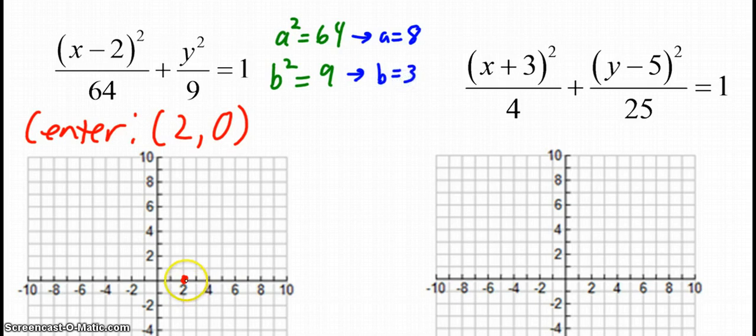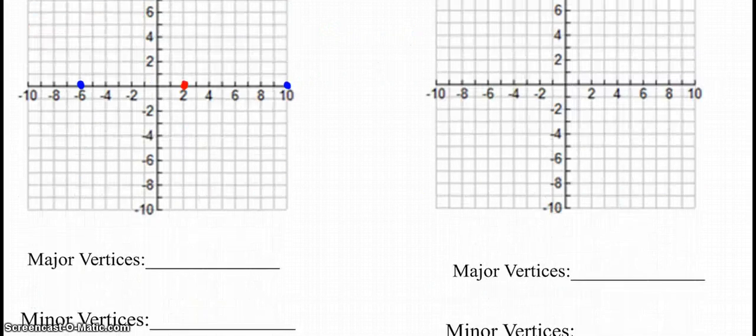So from the center, I'm going to go to the right 8, and I'm going to go to the left 8. Those are going to be my major vertices. So now I can come down here and I can write that the major vertices are the point (10, 0) and the point (-6, 0).